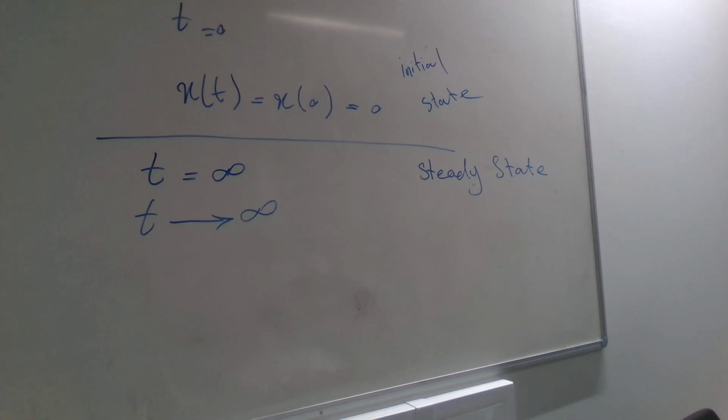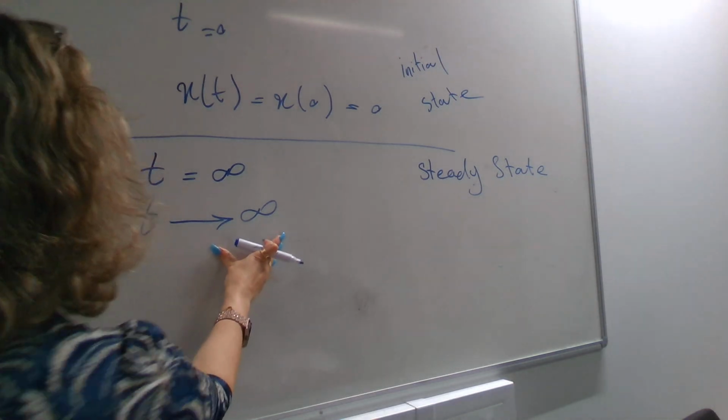But the thing is, we have exponential to the power of minus. Power of minus means 1 divided by infinity, and that makes it 0. So this entire part is going to be 0.